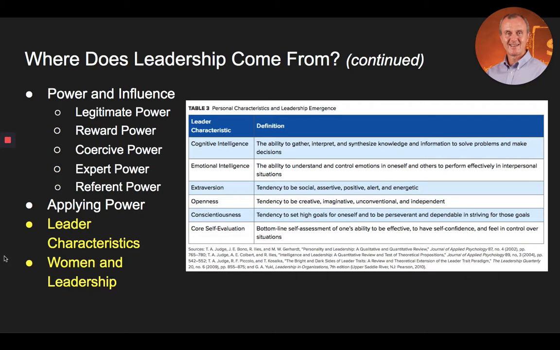Those individuals who are cognitively and emotionally intelligent, and who are conscientious, extroverted, open to experience, and possess high core self-evaluations, have a greater tendency to emerge as leaders than those who do not possess these qualities. Men and women are quite similar in their leadership styles.